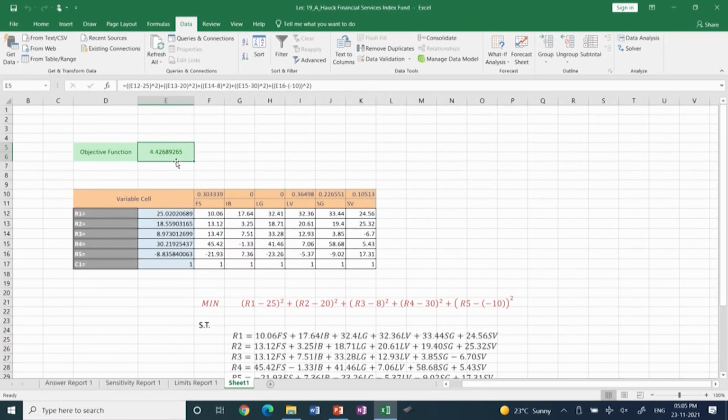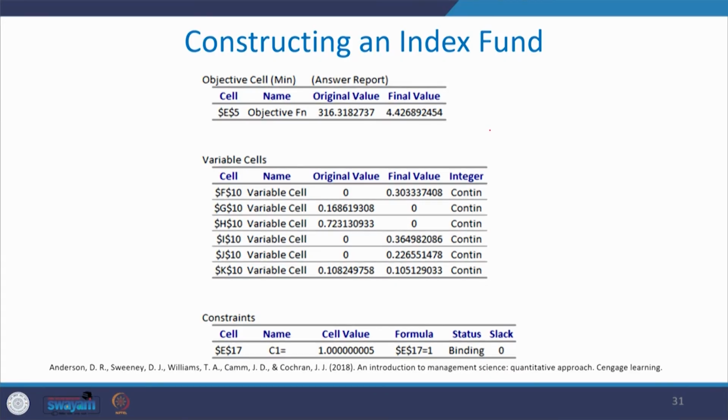Now, I have taken this output into the presentation, where I am going to interpret the result. Yes, here my objective function is 4.42, that is the sum of the squares of the deviations. My constraint slack is 0, so it is fully satisfied.